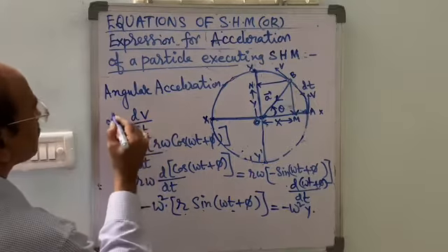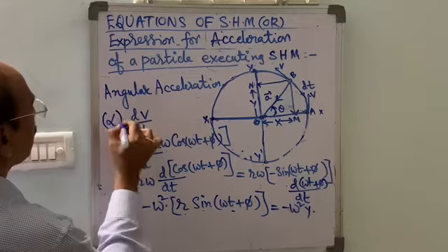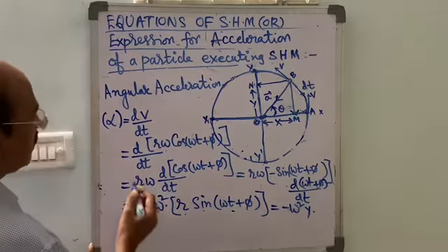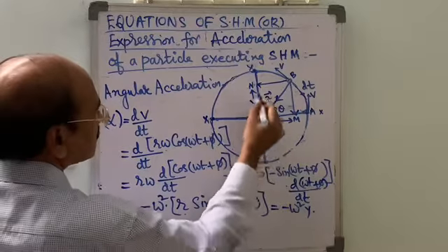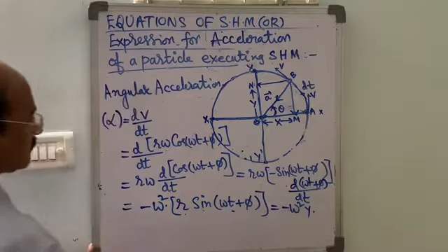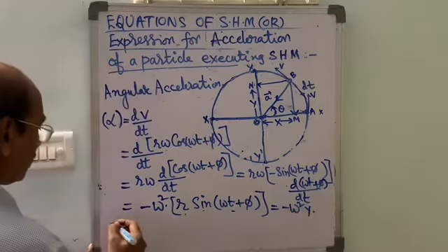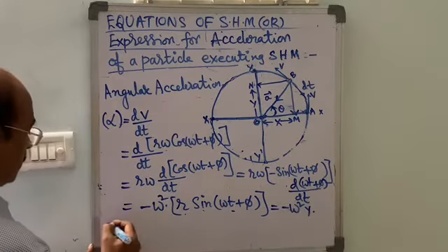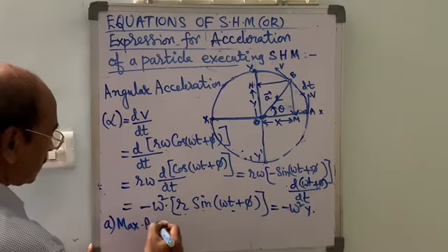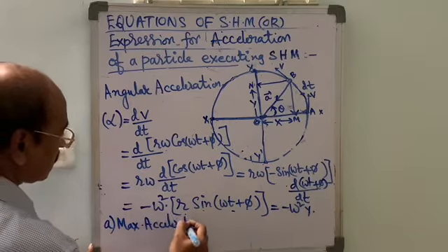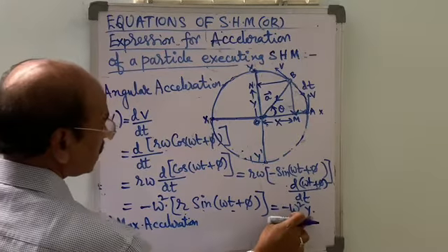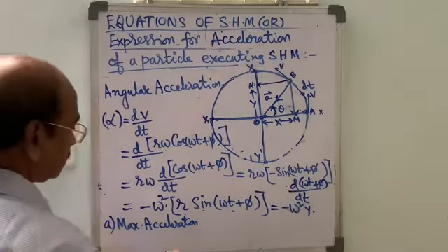In the case of x displacement, this is minus omega square x, and the maximum value of acceleration is at y is equal to r.